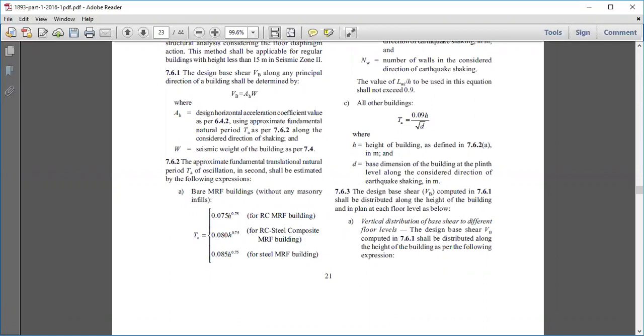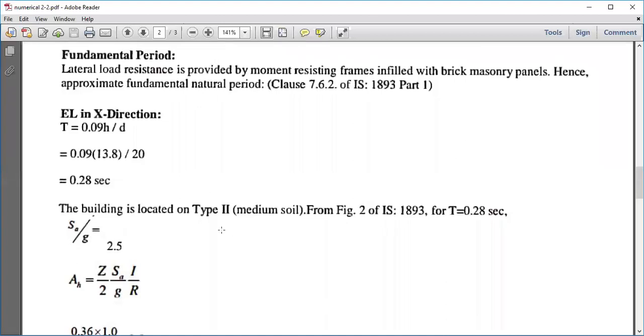So what we are going to do is, we are considering an RCC building. If I look into our problem statement again, that is for other buildings, 0.09h divided by root of d, right? That is for other types of buildings. He is considering this formula.